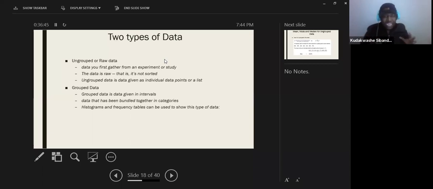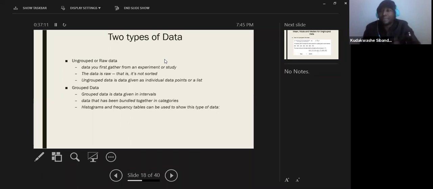Now, grouped data is data that is given in intervals. When you group data based on specific categories or specific ranges, you have grouped it together, like in the case of the 47 males. We grouped people that have ages 20 to 29 together. We grouped people that had ages from 30 to 39 together.